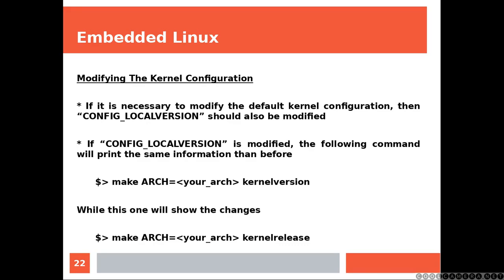If it's necessary to modify the default kernel configuration, then the CONFIG_LOCALVERSION variable should also be modified. Now, if CONFIG_LOCALVERSION is modified, the following command will print the same information as before, the kernel version, while the second line will show the differences, the new release, right?